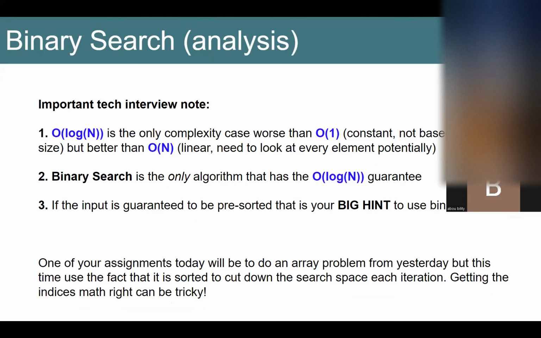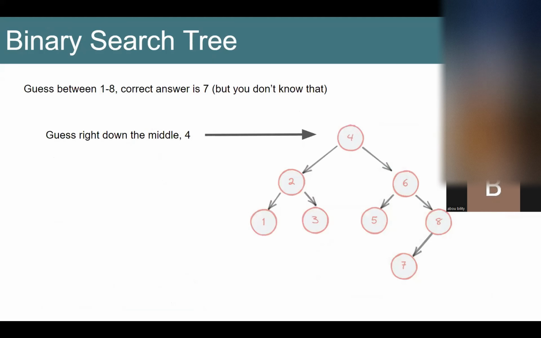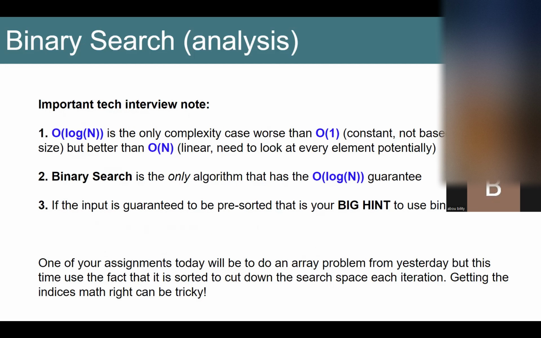And lastly, if the input is going to be pre-sorted, remember looking at this tree, where did we go? There we go, this slide. All the nodes on the left are less than all the nodes on the right. Your tree comes in pre-sorted for binary search. So if the tree you're getting is pre-sorted like this, use binary trees and binary search to search whatever it is that you have to search. And that's at the bottom.